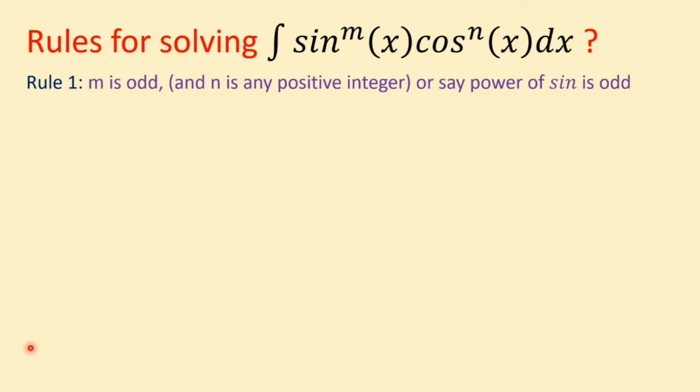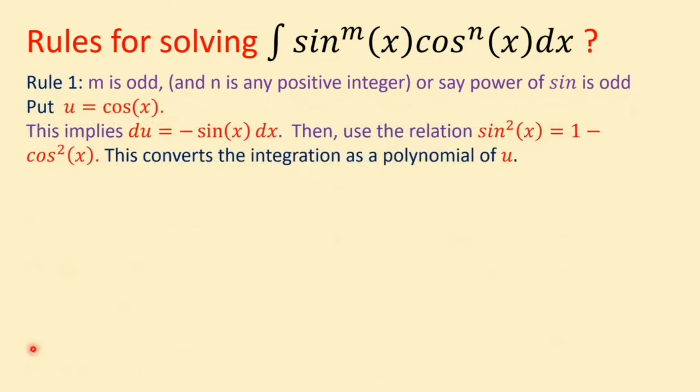The rule: if m is odd and n is a positive integer, or say the power of sin x is odd and the power of cosine x is any number, we don't bother about what n is, but the power of sine is odd. Then in this case you substitute u equal to cosine x, and then du is equal to minus sin x dx.